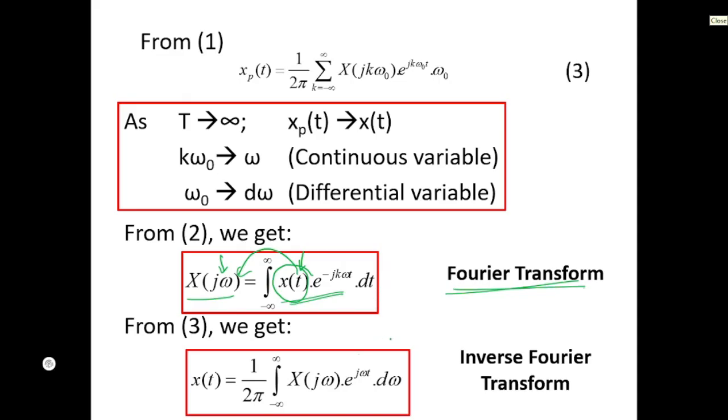Similarly, we also have the inverse Fourier transform. Once we get this X of j omega, we can apply the inverse Fourier transform formula to get back x of t, so we are going back to the time domain.